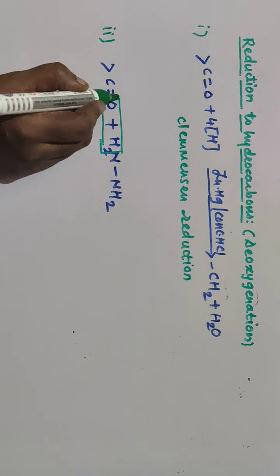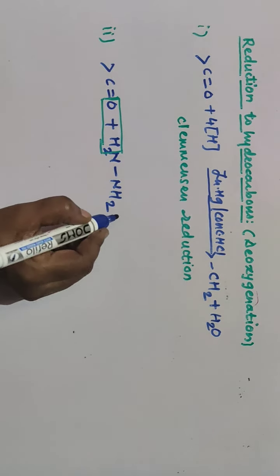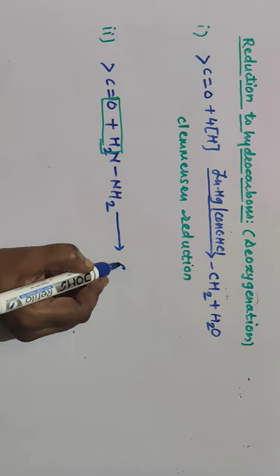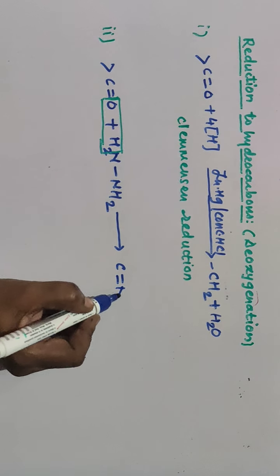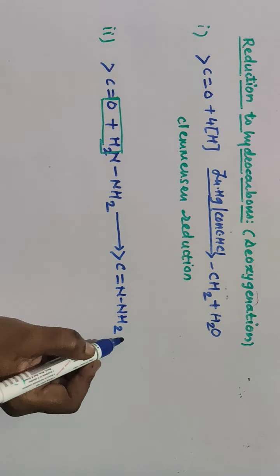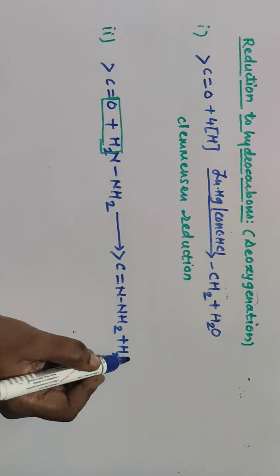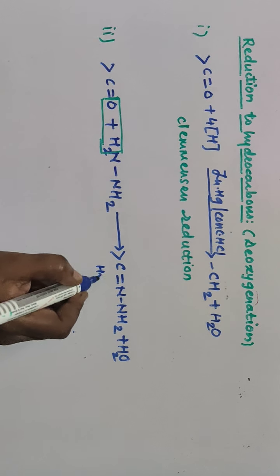The oxygen atom of the carbonyl group reacts with the hydrogen atom of the NH2 group, and the condensation gives the resulting product, in which C double bond O is replaced by C double bond N-NH2, plus the water molecule removed, and this is your hydrazone.